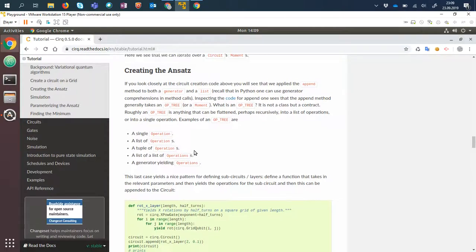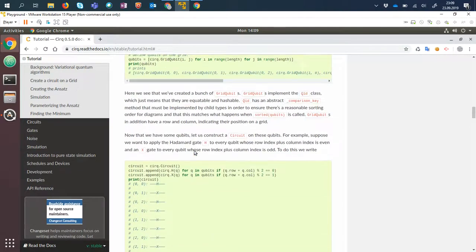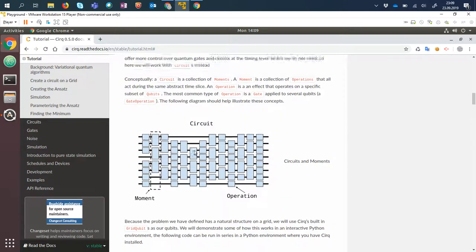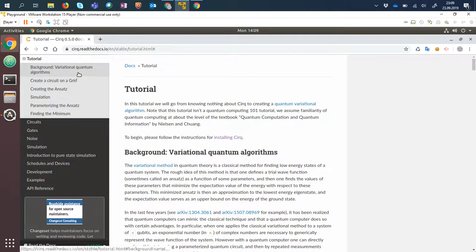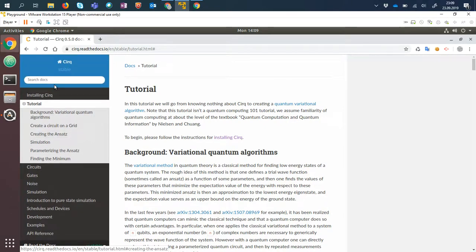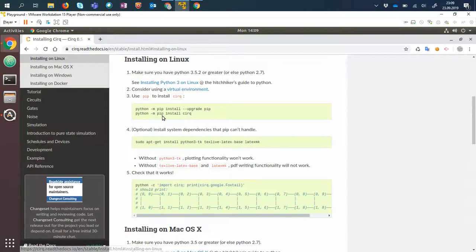Yeah, so maybe that's something worth giving a try. First of all, I guess we'll need to install Cirq. So let me see, and we'll install it in Linux and see how that goes.